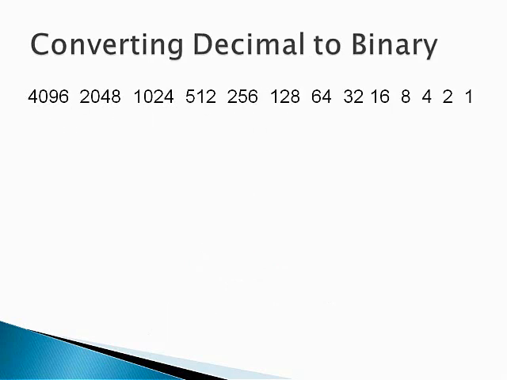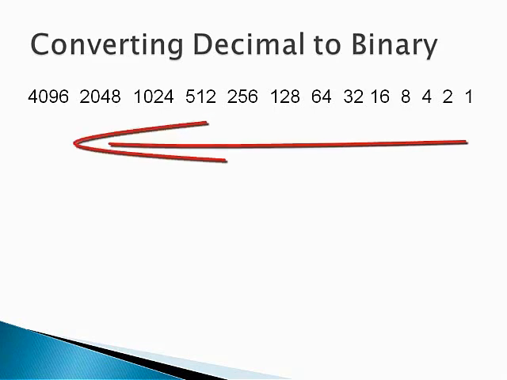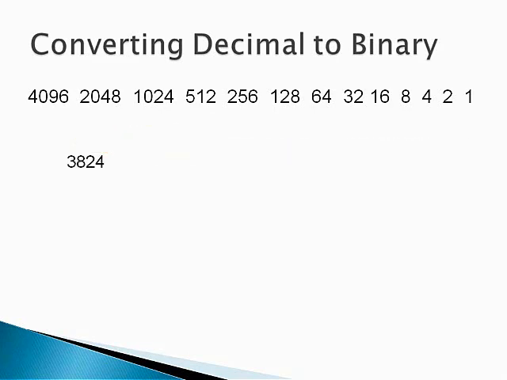Converting decimal to binary is a little bit more complex, and we carry the bit stream out a little bit further. If we want to take the number 3,824 and put it into binary, we first have to move our column table all the way over to a number that is larger than the number we have. So we went all the way over to 4096.